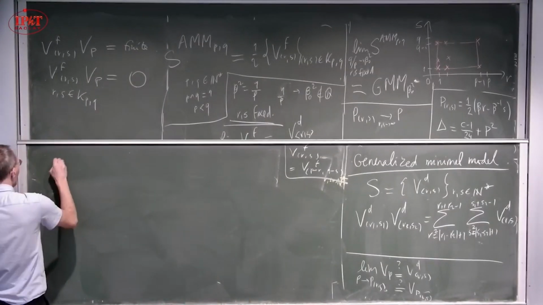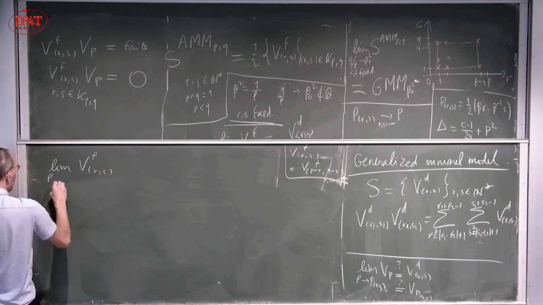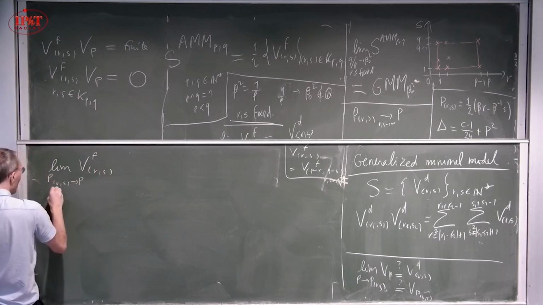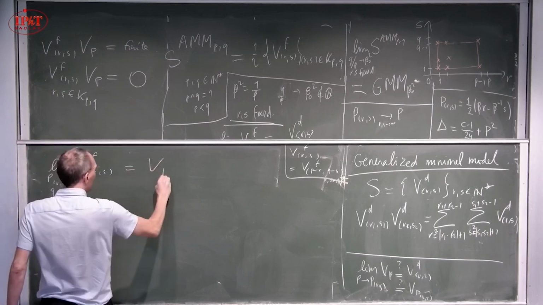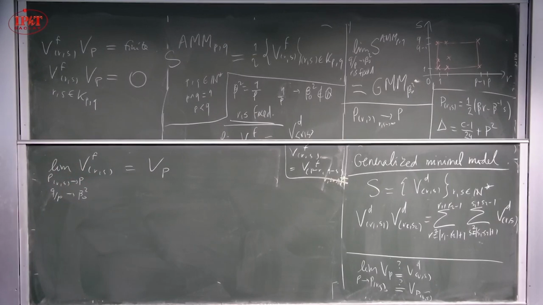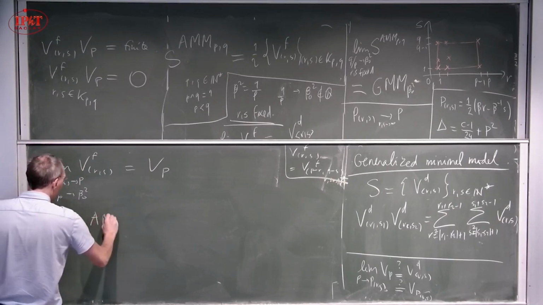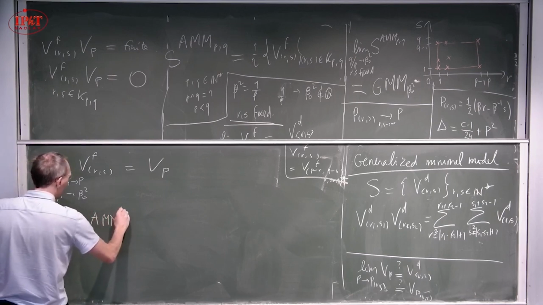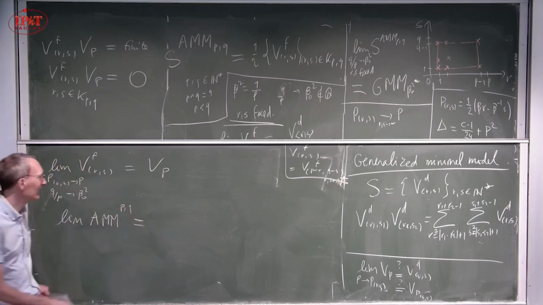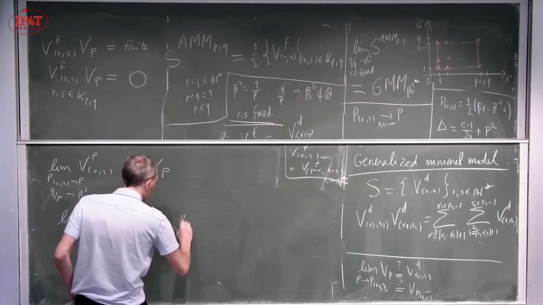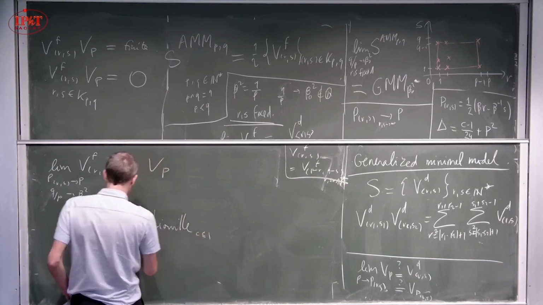So the limit now of this P_RS, when P_RS goes to some P, while Q over P still goes to beta_0 squared, gives us a generic diagonal field, and therefore I would expect the limit of our A-series minimal model to be Liouville theory with C less than 1.